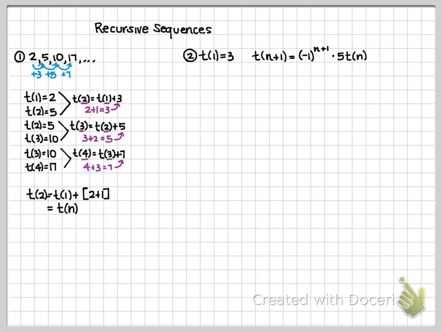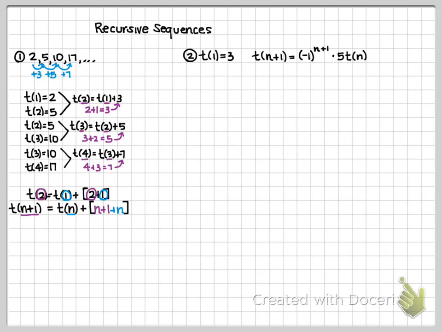So if n is 1, then 2 is going to be n plus 1 plus brackets. Okay, this 2 corresponds with my n plus 1. So it's going to be n plus 1 plus this 1, which corresponds with my n. So plus n.